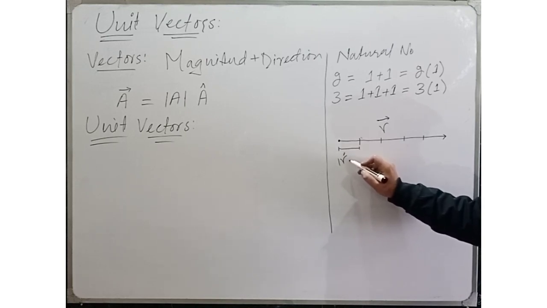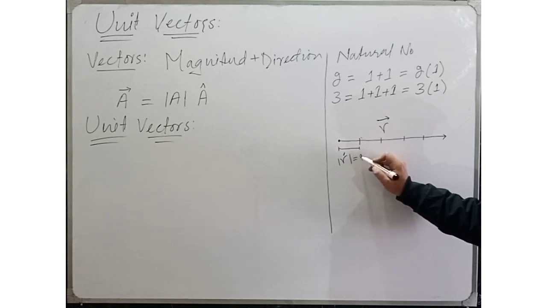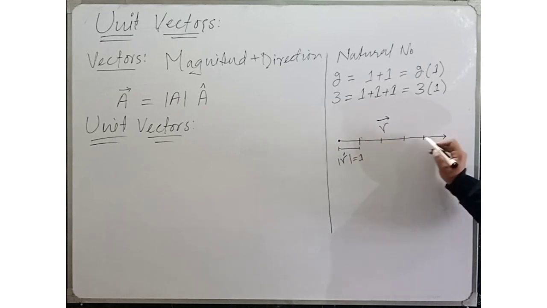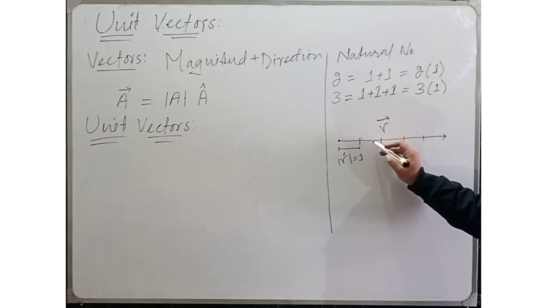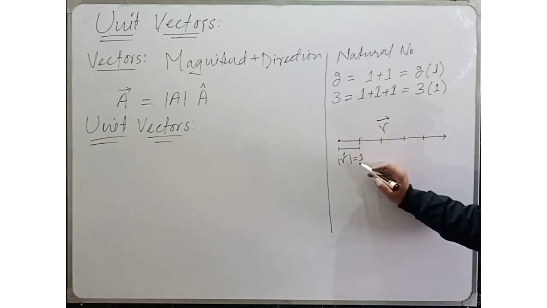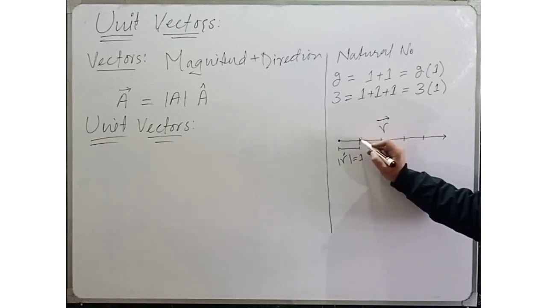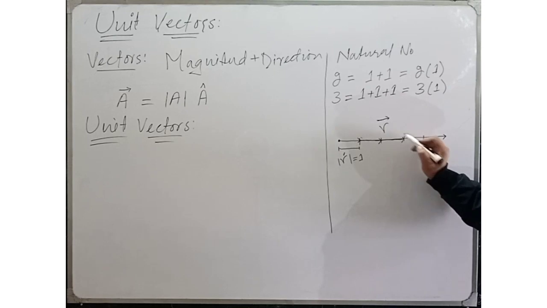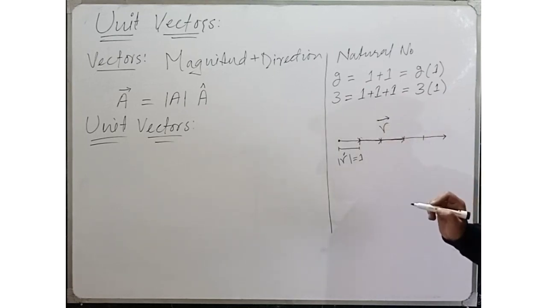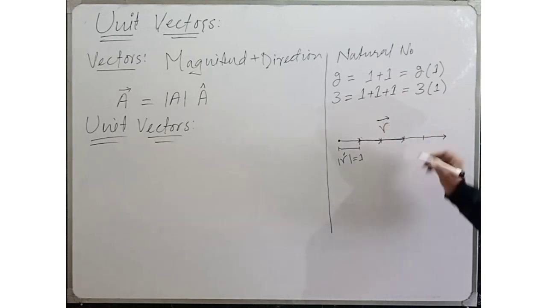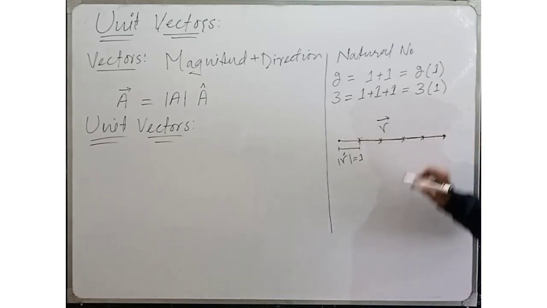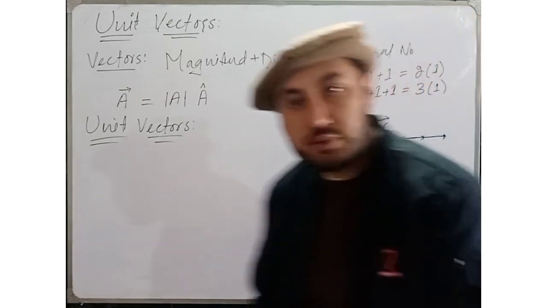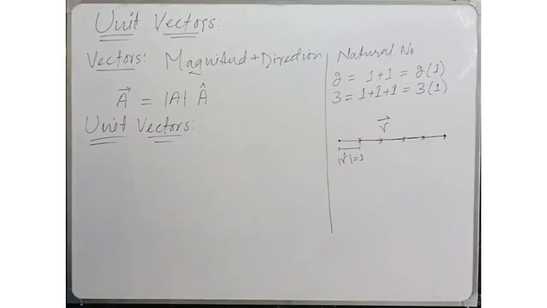So R prime magnitude is 1, and all these are equally spaced vectors, so they all have the same unity magnitude. At that time, these small vectors will only be representing the direction of the original vector because they have unit magnitude, right? So such a vector which is used to represent the direction of a vector is called a unit vector.